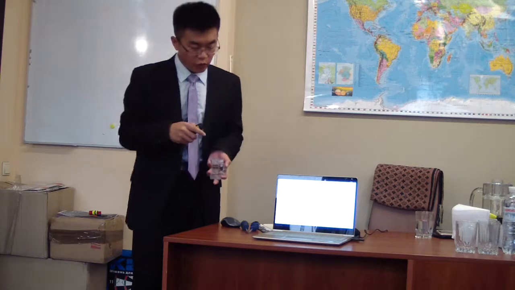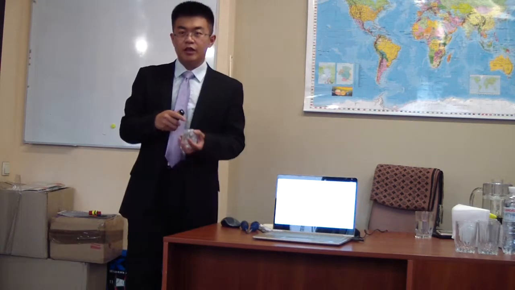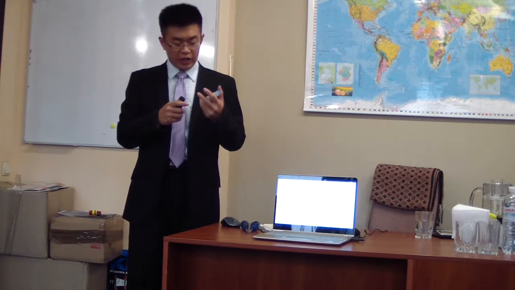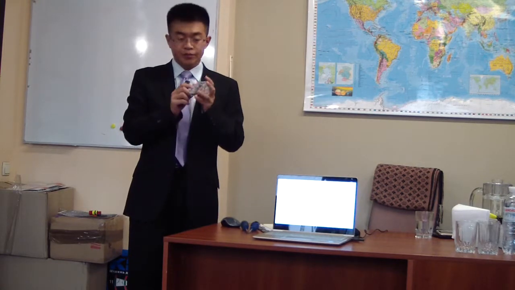The difference between HMCB and MCB we can see in the principle. In my hands, this is an MCB, and this place we call the coil, or iron coil, and this place is bimetal material.